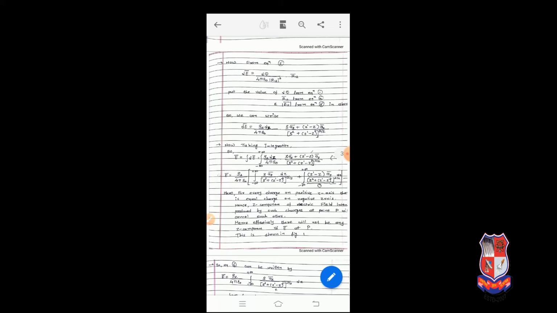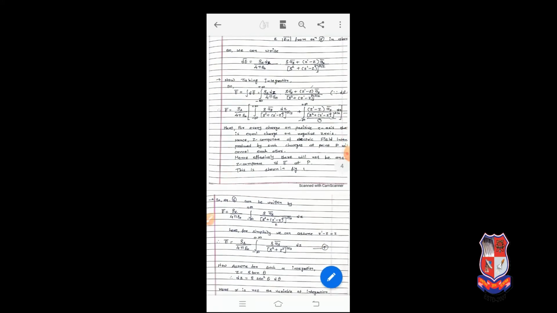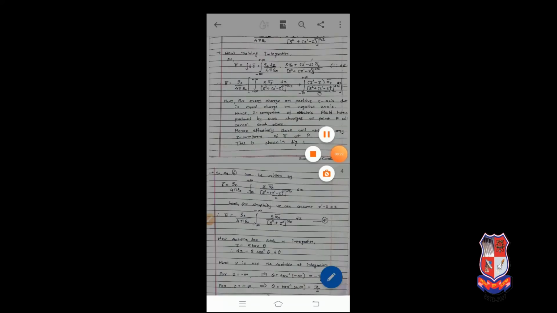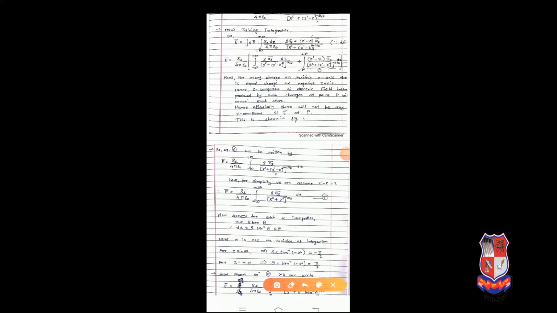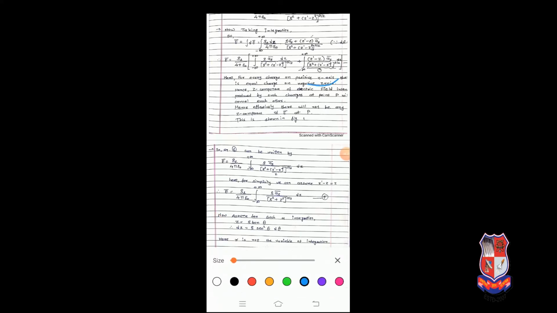Hence, effectively, there will not be any z component of vector E at point P. This is shown in figure 1. So in the last equation, the second term is 0 due to symmetry, and we have only this term.